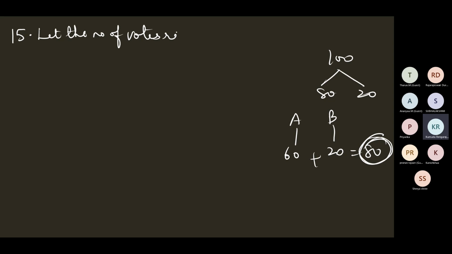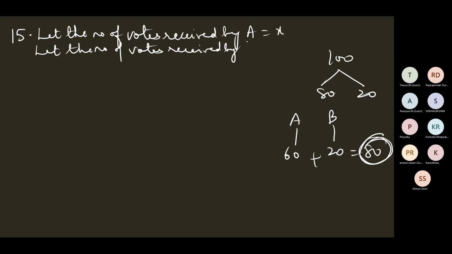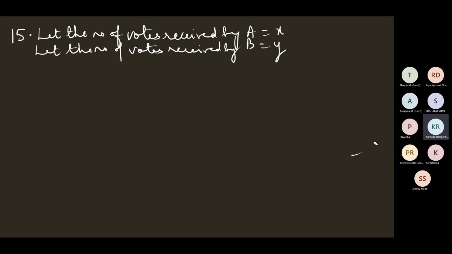So let the number of votes received by A be X, and let the number of votes received by B be Y. Now what is X plus Y? X plus Y is not the total number of people in the electoral roll, because there are people who have not cast their votes also.